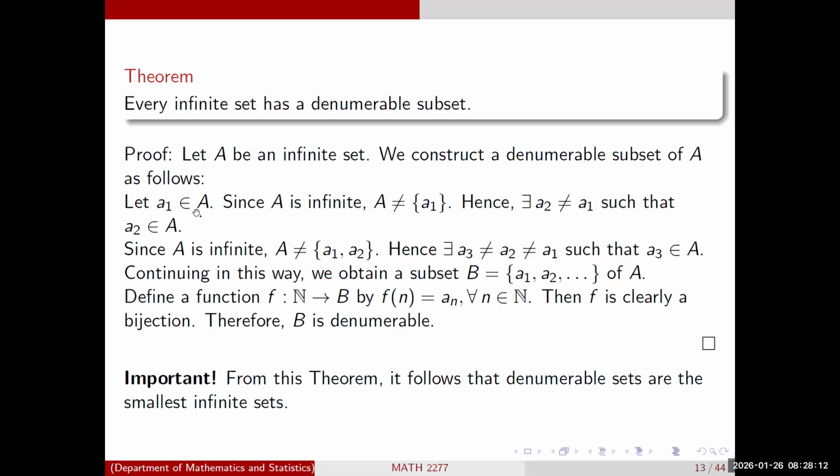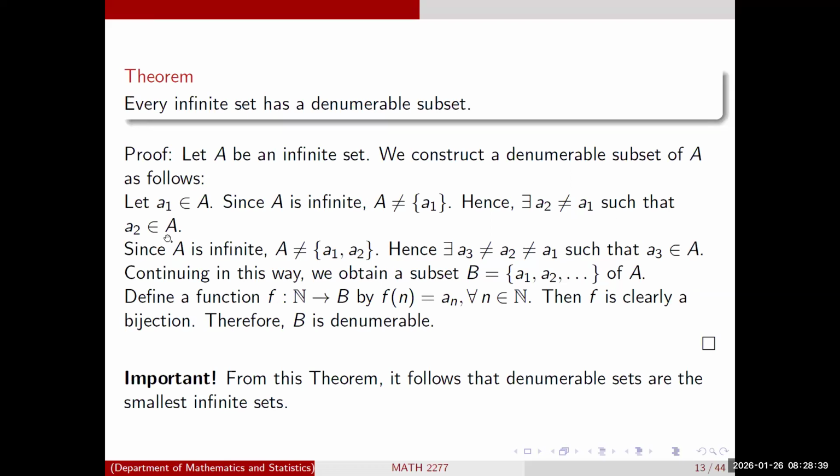So let A1 be any element of A. Since A is infinite, A cannot be equal to the set containing only A1, right? If A is not equal to the set containing A1 alone, then there exists another element A2 in A different from A1.